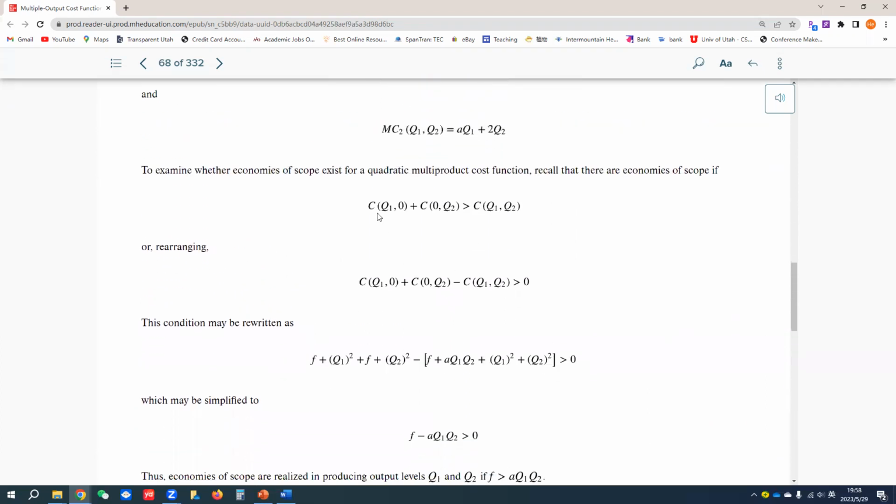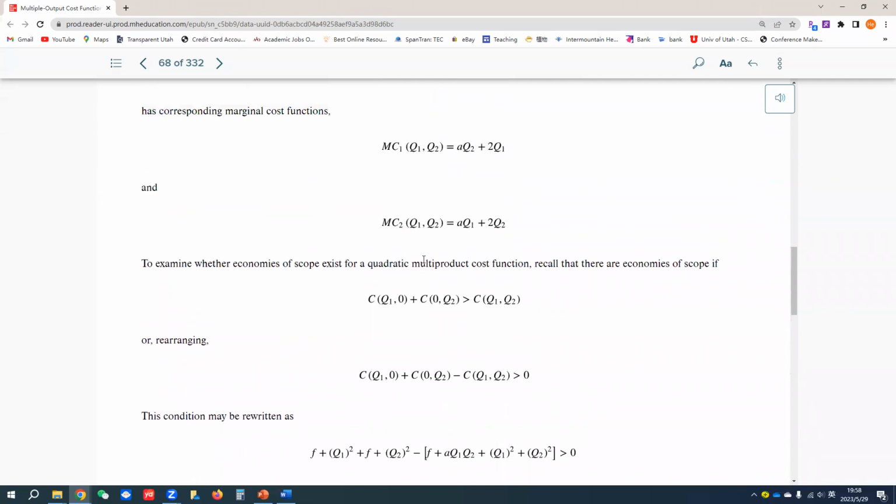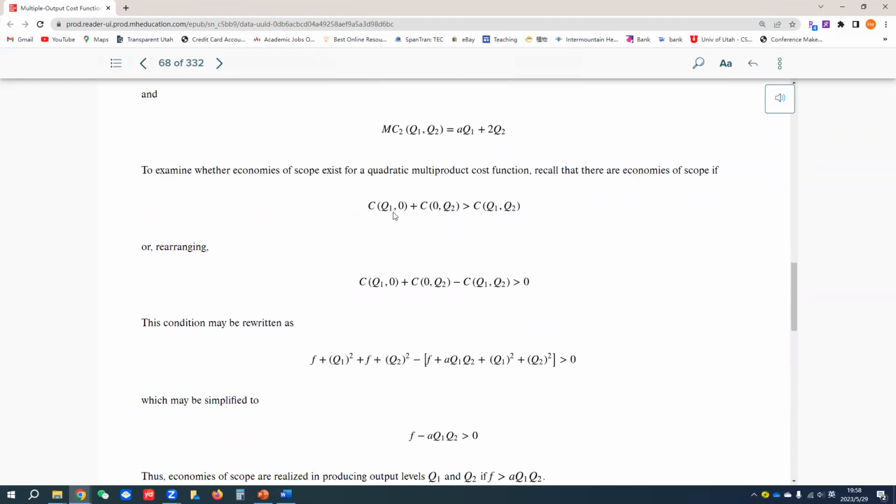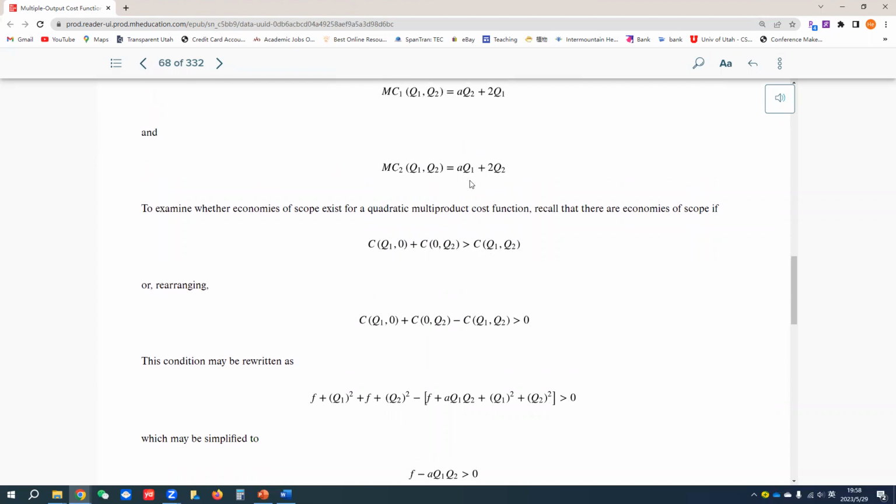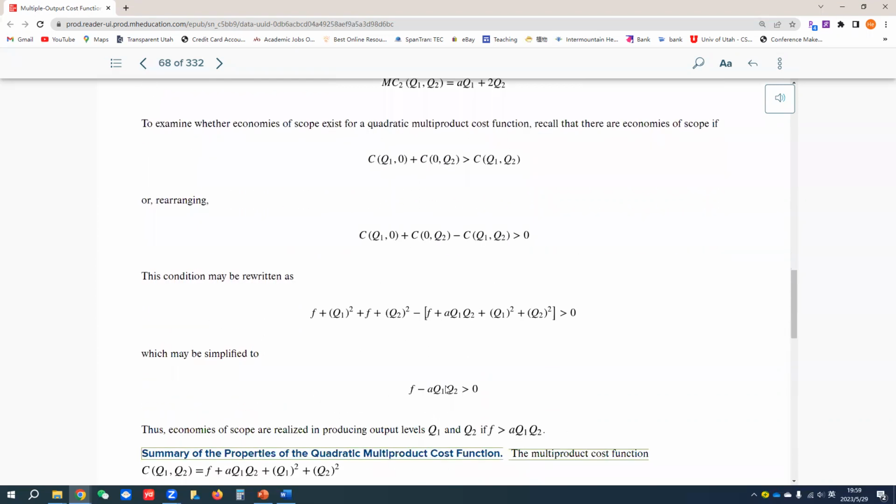This comes from plugging those expressions into the original definition: the total cost of producing each of the two products alone, combined, is greater than the total cost of producing the two products by one firm simultaneously. That is to say, the left-hand side is greater than the right-hand side. You plug all those expressions in, and you will get this result.